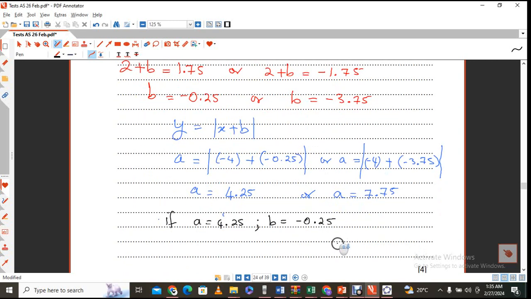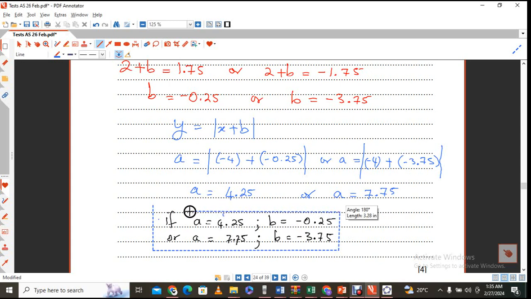The other one would be if a equals 7.75, then the value of b likewise will be negative 3.75. So those are my two solutions that you can actually record. Okay, there we go.